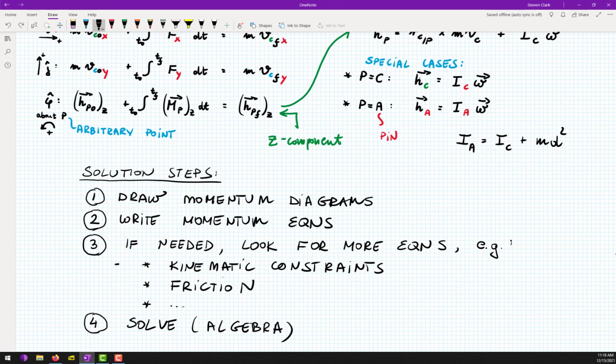So I go for kinematic constraints, maybe some friction law, or maybe some other tricks you learned during the semester. And then that's it. Once we have the same number of equations and unknowns, we can just use our magical mathematical skills to solve them.